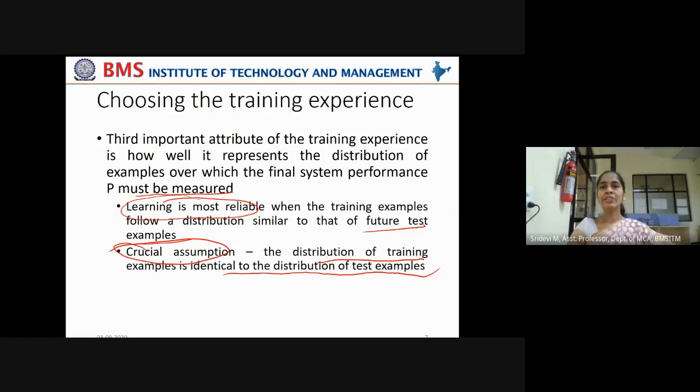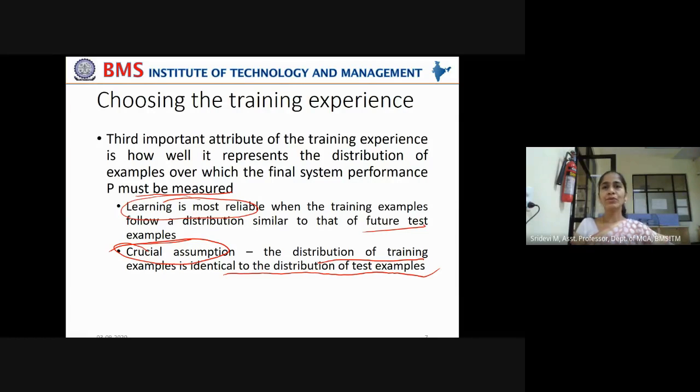A teacher, when teaching the students, should not assume that they will always get the textbook examples for which they prepared in the exam also. They might get different types of examples. So the teacher has to train the students in such a way that they can generalize their understanding to solve any type of problem, right? That is the idea that has to be incorporated into any trainer, so that the learner will finally face any type of problem by giving his best performance, right?